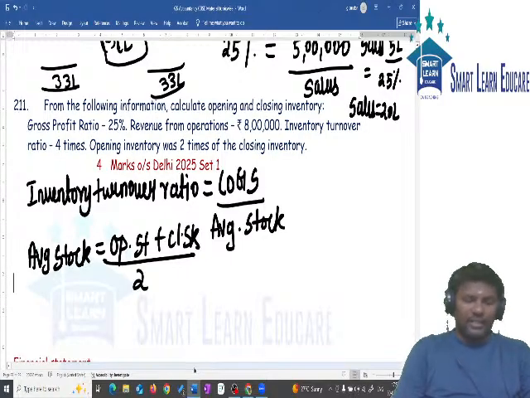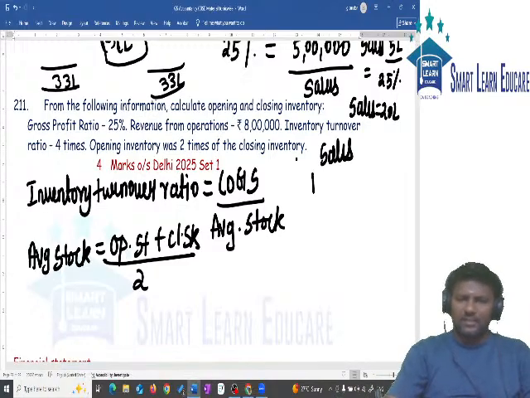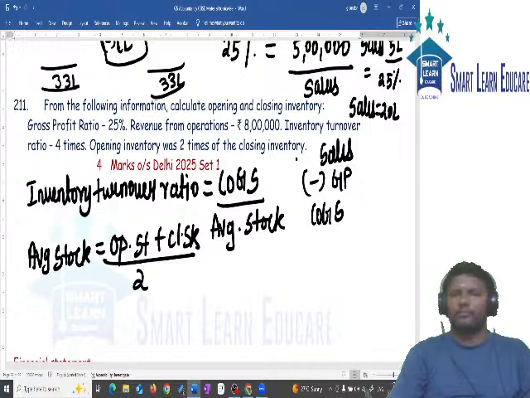Definitely no. Sales and cost of goods sold are not the same. Sales means revenue from operation. Sales minus cost of goods sold will give you gross profit. Both are not the same. Sales minus gross profit will give you cost of goods sold. In the question sales is given.